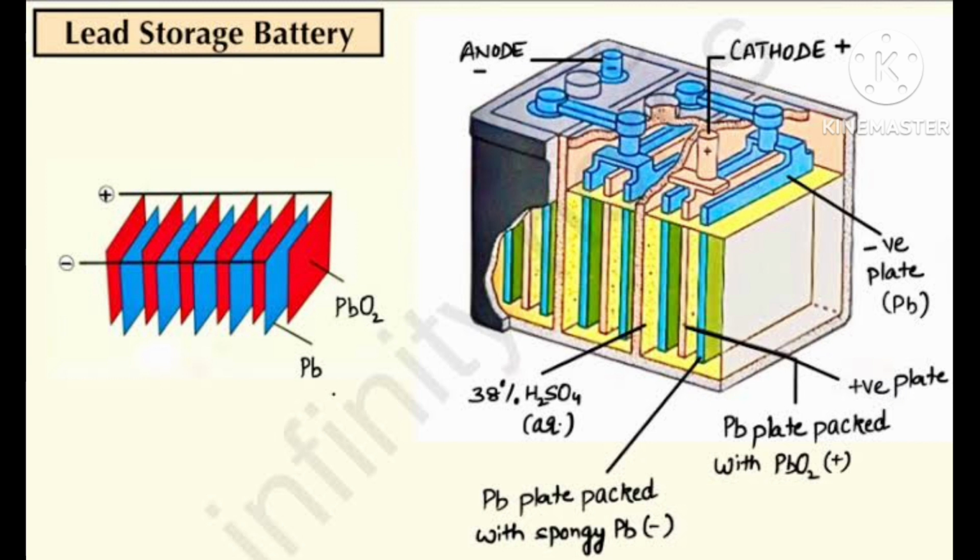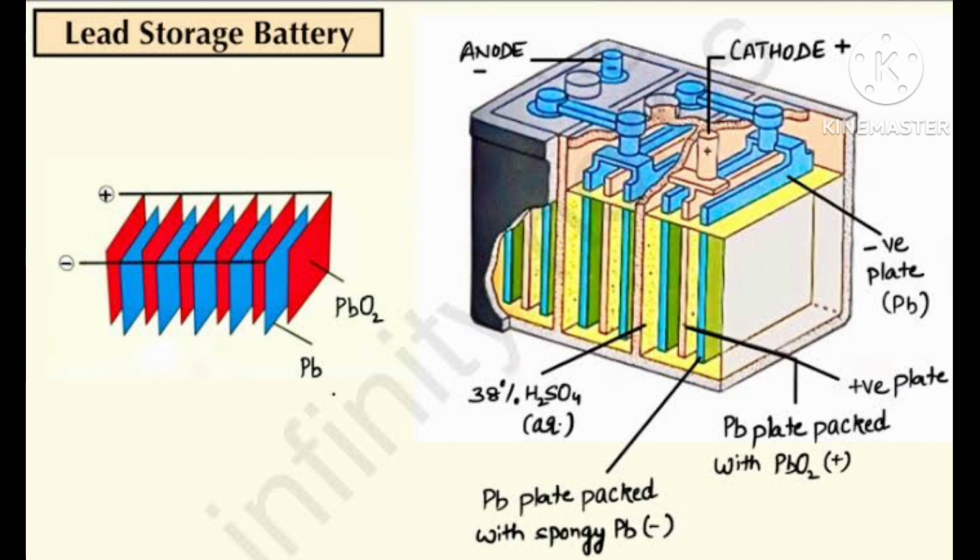This sulfate ion will come to the anode, and lead plus sulfate ion will react and give lead sulfate plus 2 electrons.